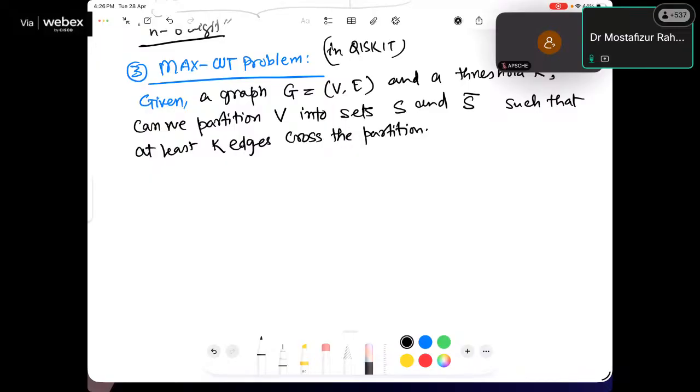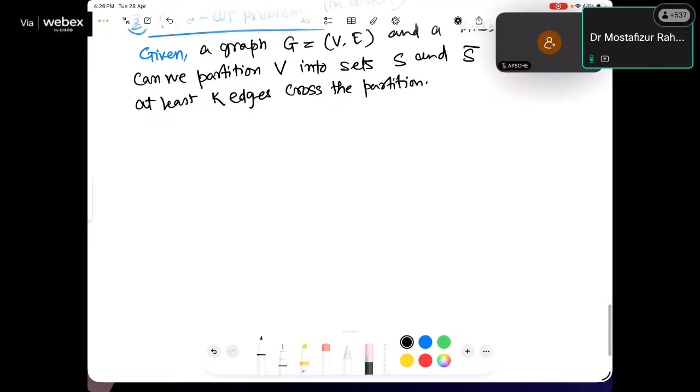I'll just show how the max cut problem can be solved using a quantum computer, just a formulation of the problem. So the problem is that you have multiple nodes of a graph. It may be a complex network, right?